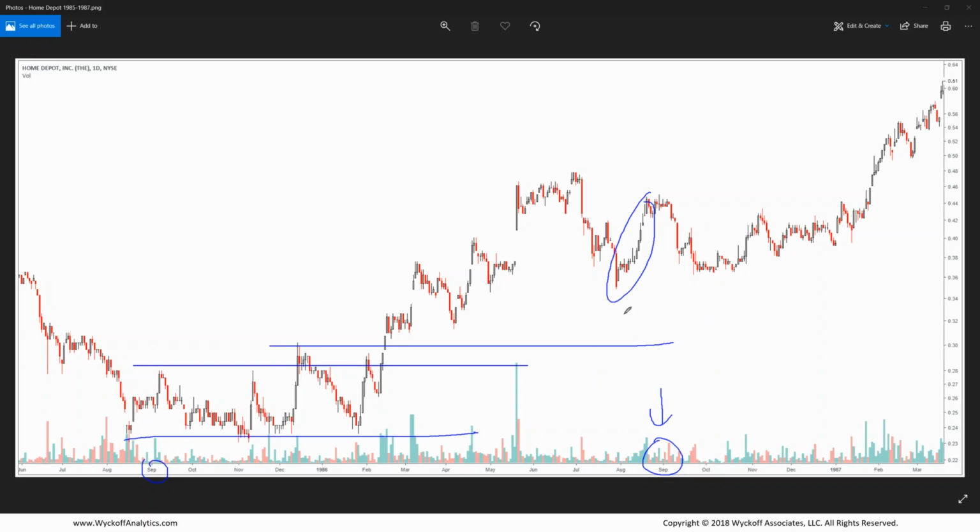So a backing up action should be coming back to the original formation. For instance, we could say that here we have a minor backing up action, and it's a part of this formation. Then we have a larger, major backing up action, and it's still a part of this whole formation.